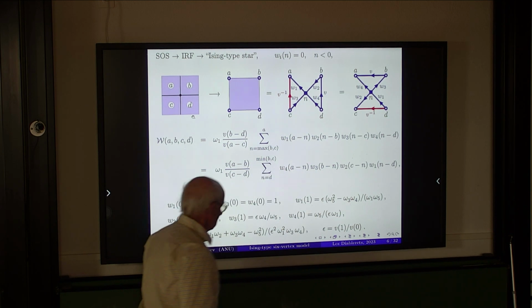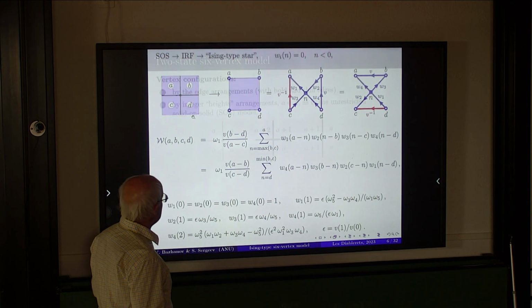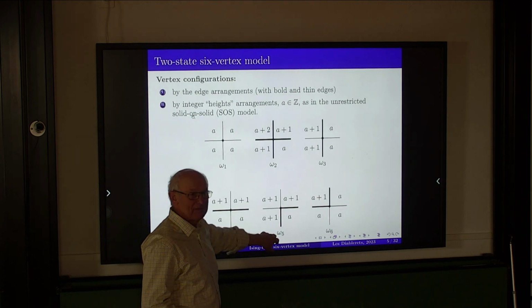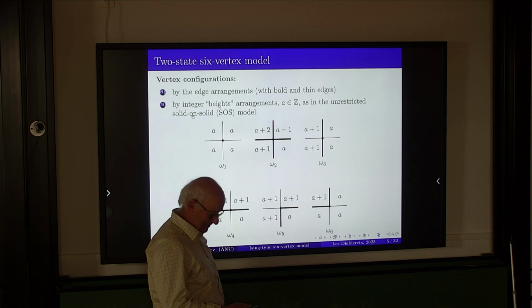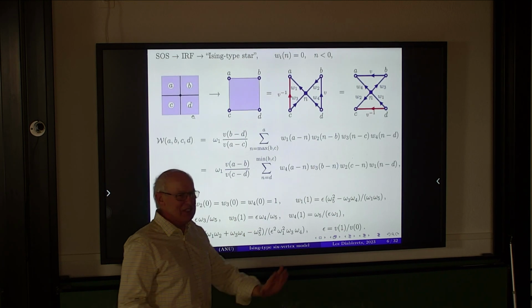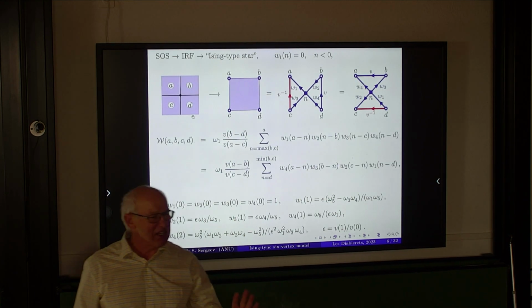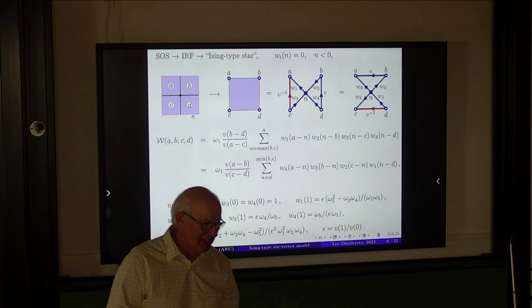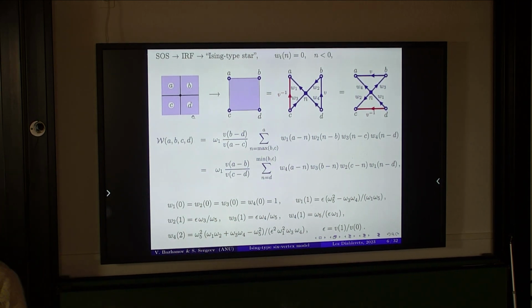So these are 6-vertex weights. Ah, okay, I see. That's omega. It's similar, but not the same. And the arrows are always fixed. Arrows fixed.